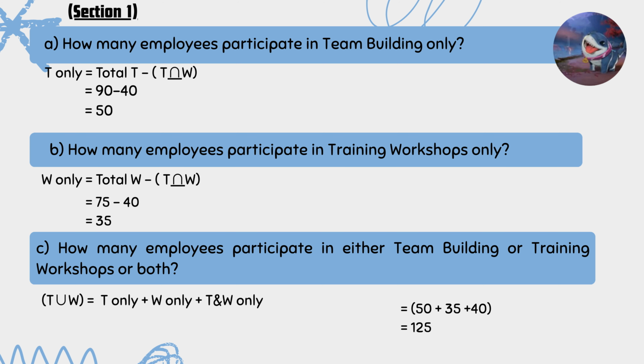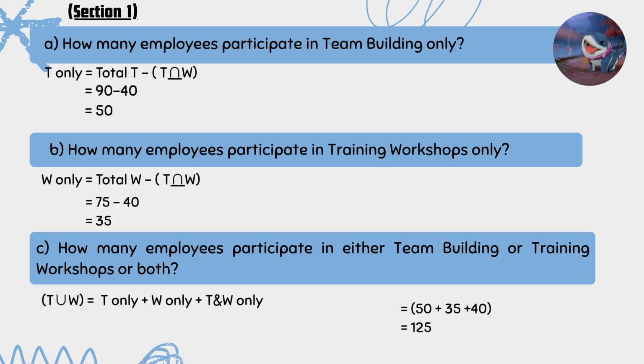So, to find those who only join team building, 90 minus 40, and we get 50 employees join only team building.